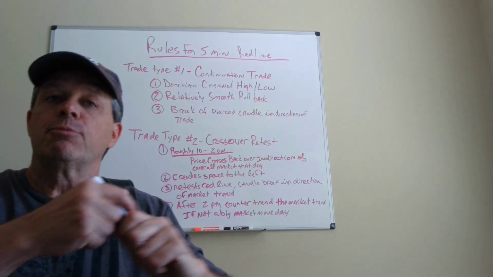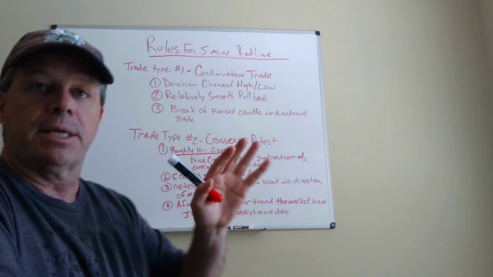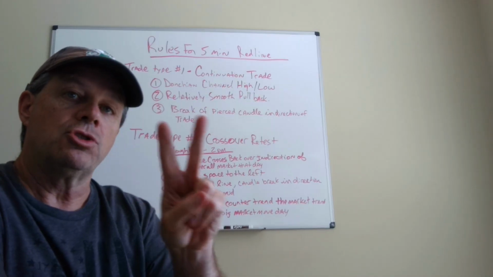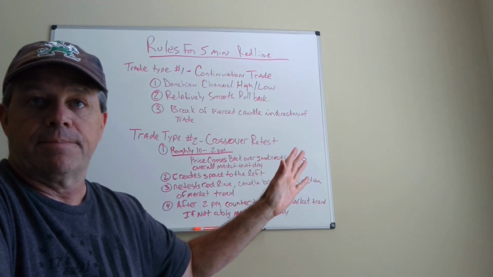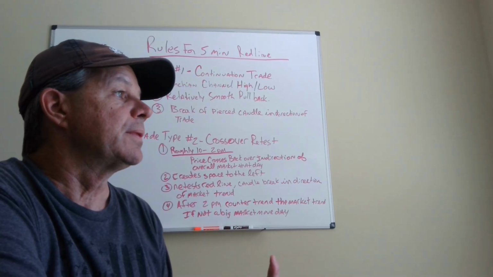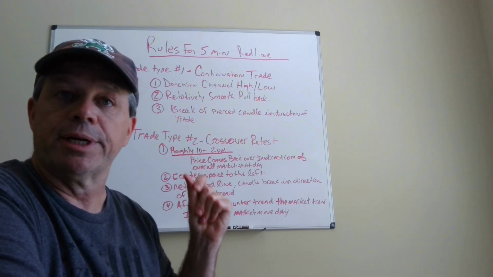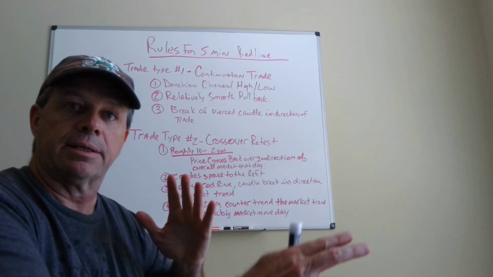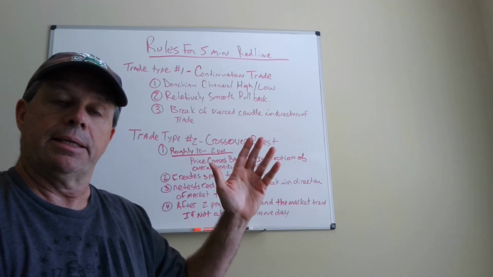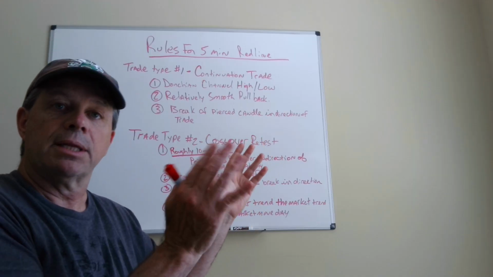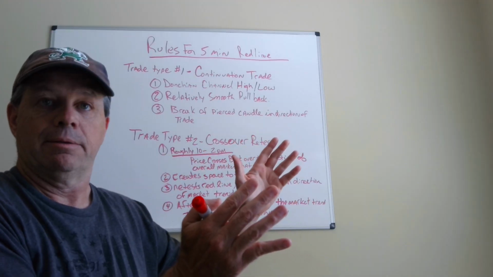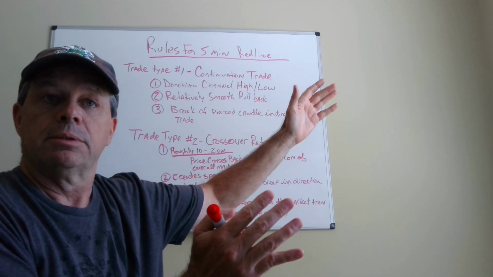It doesn't have the same restrictive rules as the 1 minute gold line. The reason it's not as restrictive is two things. Number one, this trade is not a bam bam trade. It doesn't just go zing zing like the 1 minute gold line. Instead, that 5 minute red line is usually pretty far away from that Donchian channel.